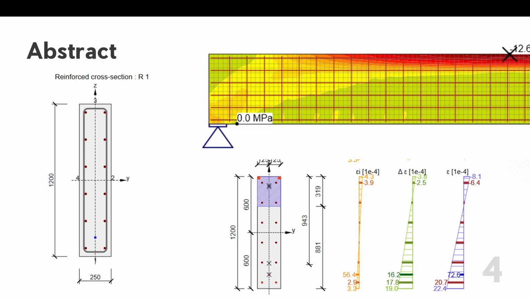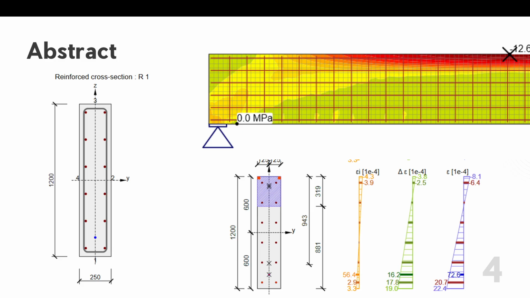Something about the abstract. Actually, I just call it abstract because I would like to summarize what you can look forward to. This session presents an in-house verification comparing two IDEA StatiCa approaches on the same simply supported pretensioned beam. The section has some dimensions: the width is 250 millimeters, the height is 1,200 millimeters.